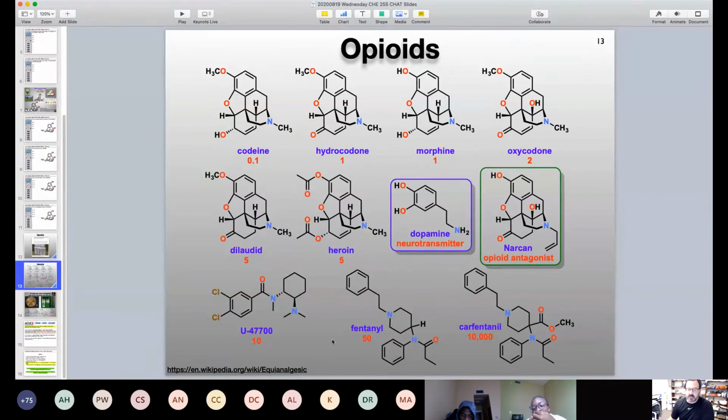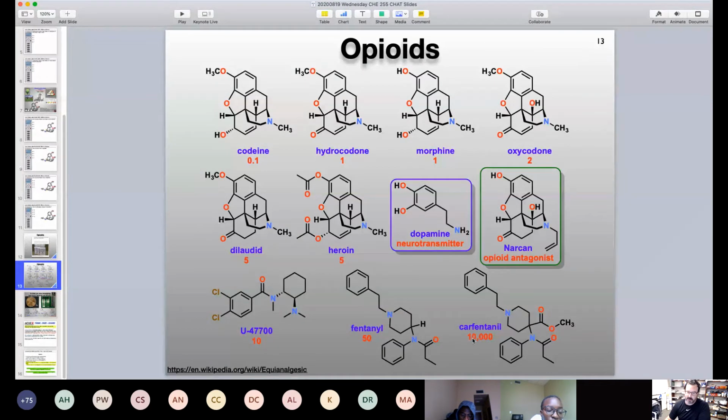So these last 3 are all synthetic compounds. They're not derived from the morphine skeleton, but look at the numbers in red. U47700 is 10. Everyone's heard of fentanyl, I would assume. It's 50.